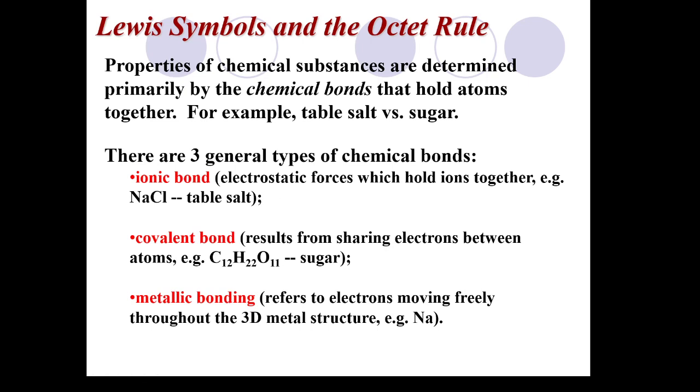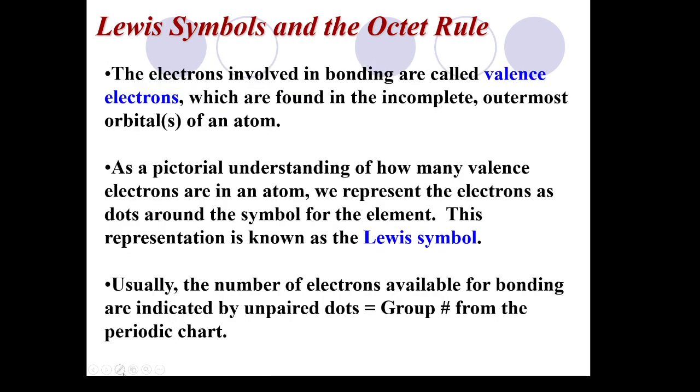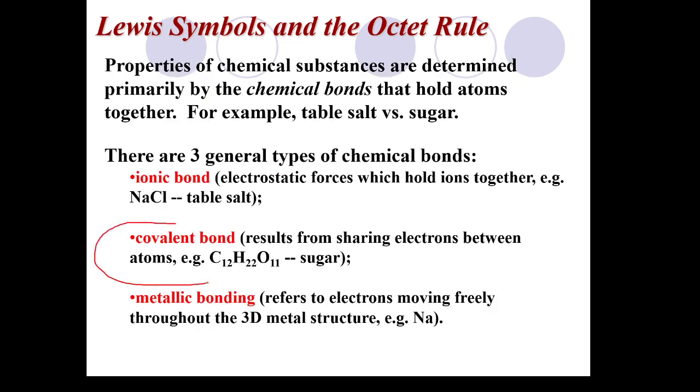Okay. So what we're going to look at, and these are Lewis symbols and stuff again that we talked about, but what we're really going to focus on here is essentially covalent bonds. Carbon's not going to make ionic bonds. Carbon's not going to make metallic bonds.